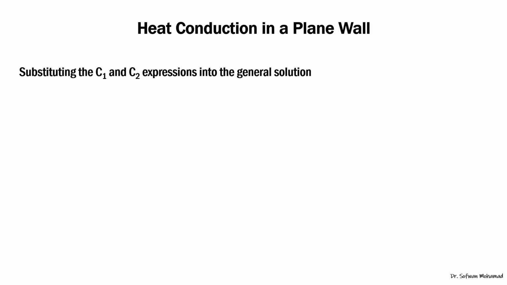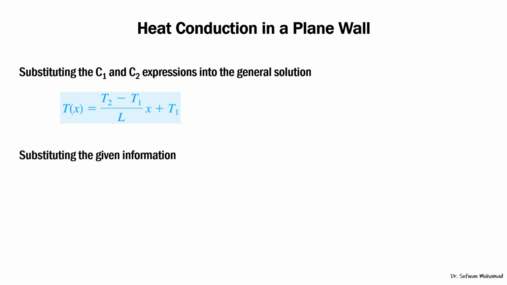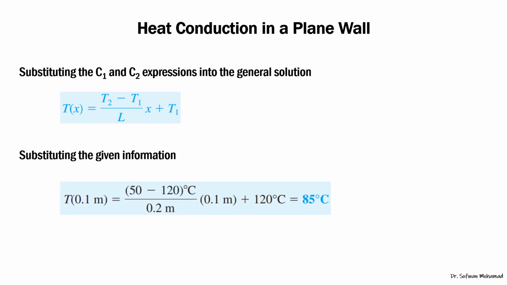So we substitute those values or expressions into the general solution. We will get T(x) equals (T2 minus T1) over L times x plus T1, which gives us the general expression for temperature distribution. Next, we substitute the given information inside this equation, because we want to calculate T at 0.1 meter.